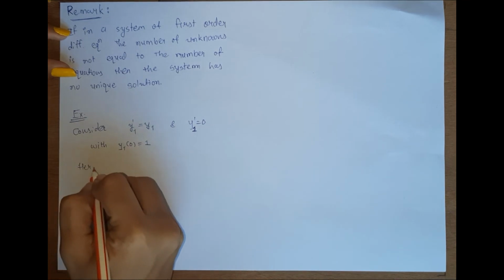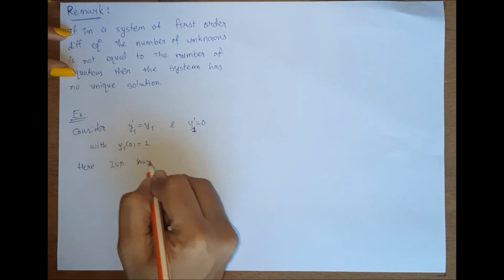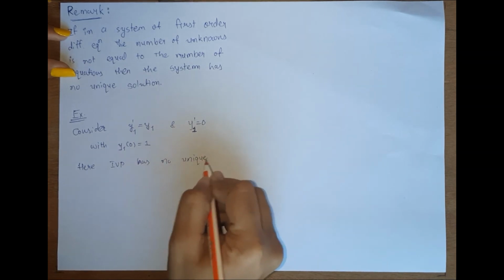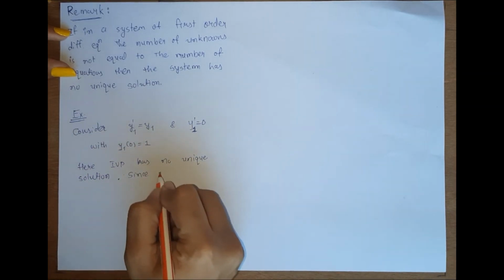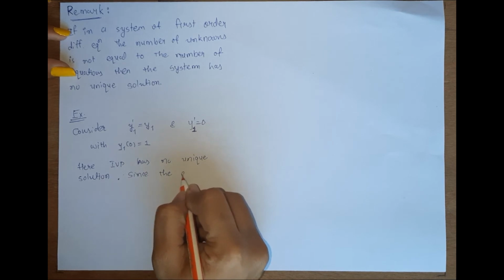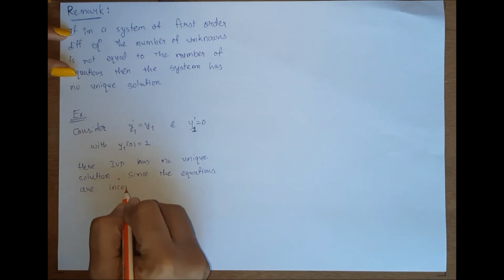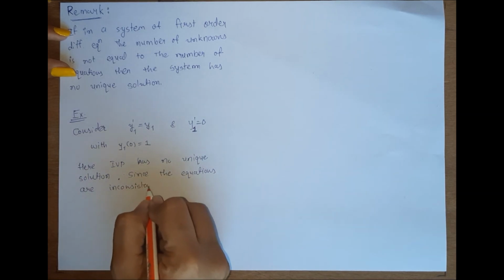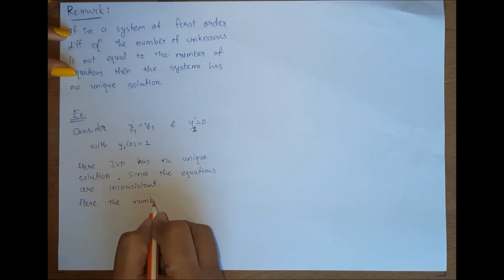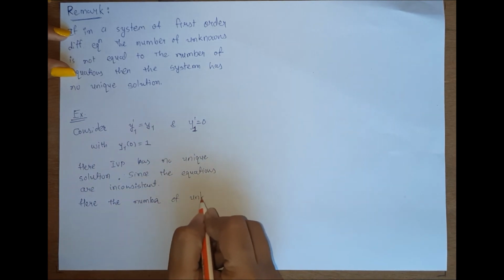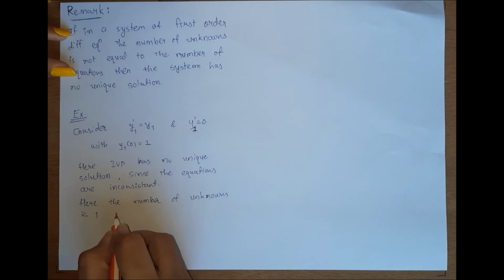So here this initial value problem has no unique solution, since the equations are inconsistent, and here the number of unknowns is 1 which is not equal to 2.